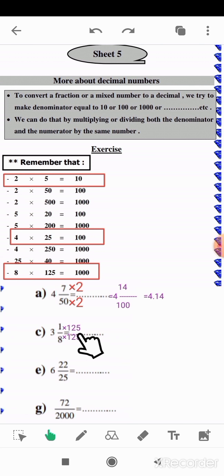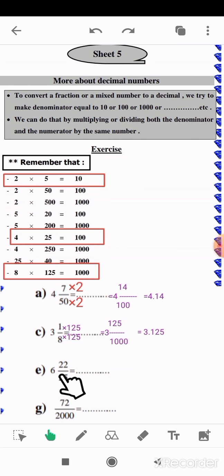So I have 1 by 125 equals 125, and 8 by 125 gives 1000. So 5 will take 0 and down, 2 will take 0 and down, 1 will take 0 and down, and the 1 will become a point, and 3.